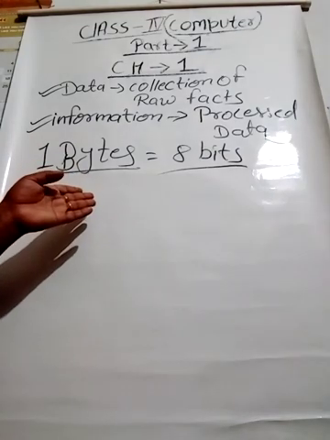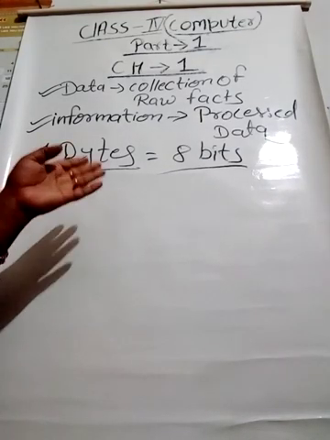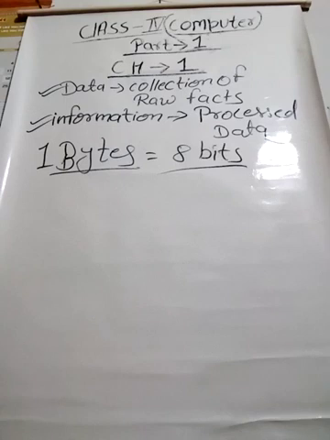I am just explaining it quickly. It is written here. 8 bits is equal to 1 byte. 1024 bytes is equal to 1 kilobyte. 1024 kilobytes is equal to 1 megabyte. 1024 megabytes is equal to 1 gigabyte. 1024 gigabytes is equal to 1 terabyte.